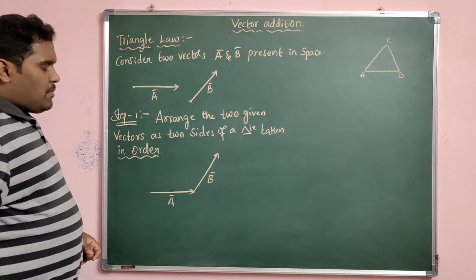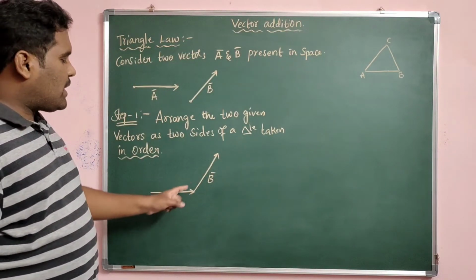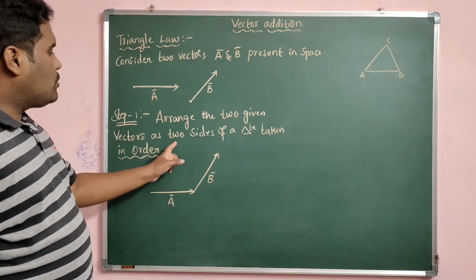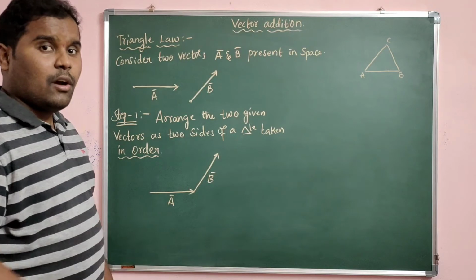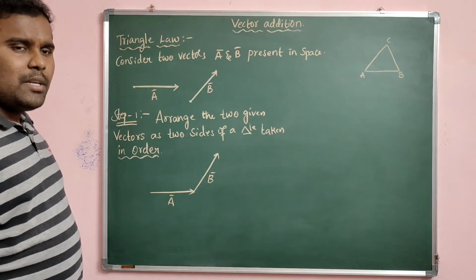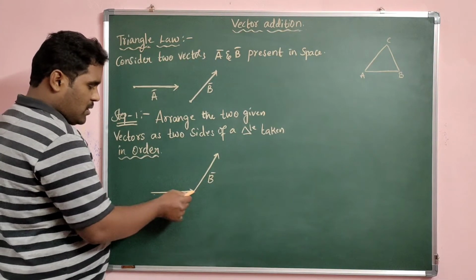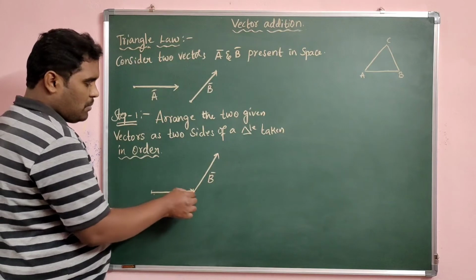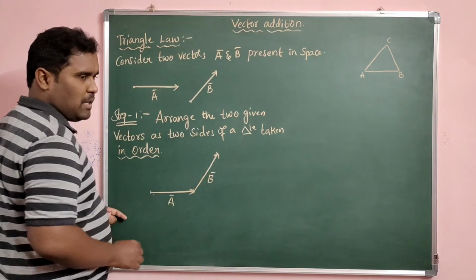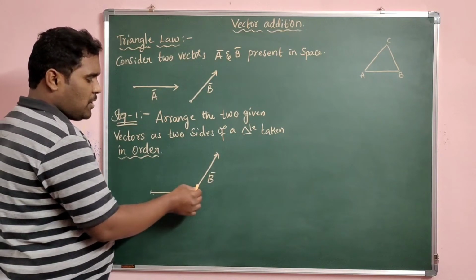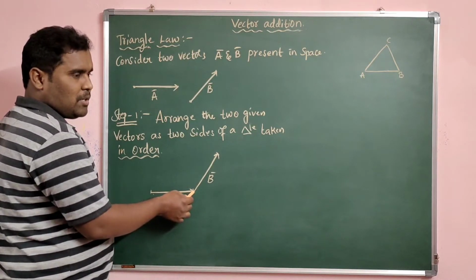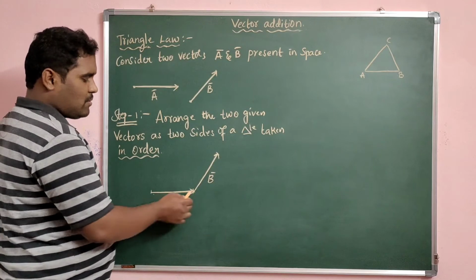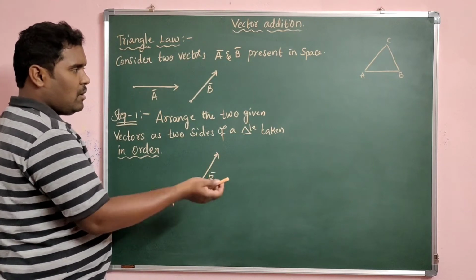See now, these two vectors are nothing but two sides of a triangle, and they are taken in order. What do you mean by an order? Initial point, terminal point, again initial point, terminal point, meaning the initial point of the second vector is starting at the terminal point of the first vector. That's why these two are said to be taken in order.